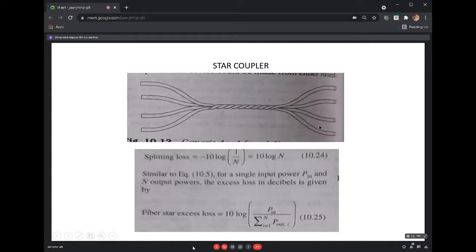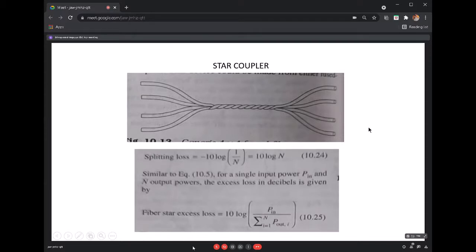Whatever input comes will be divided among all these outputs. Here we have 4 outputs, so it will be divided by 4. Generally it is considered as n cross m, where m is the number of outputs, so it will be divided among m outputs.